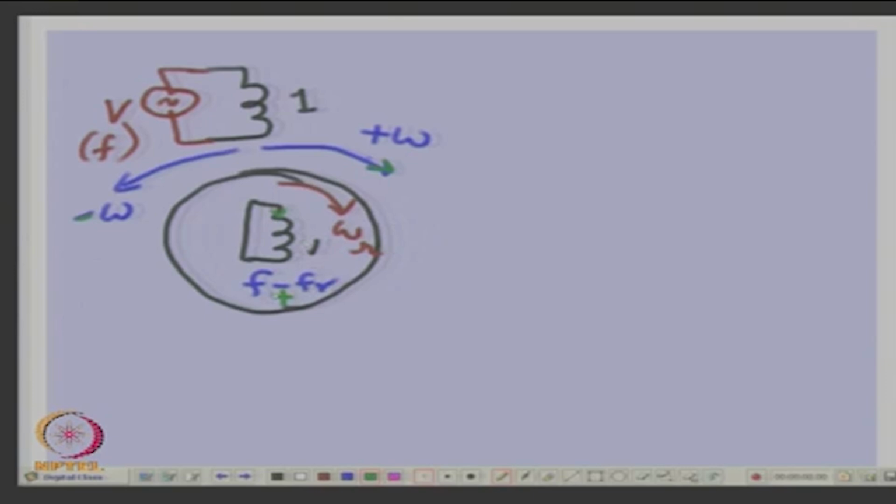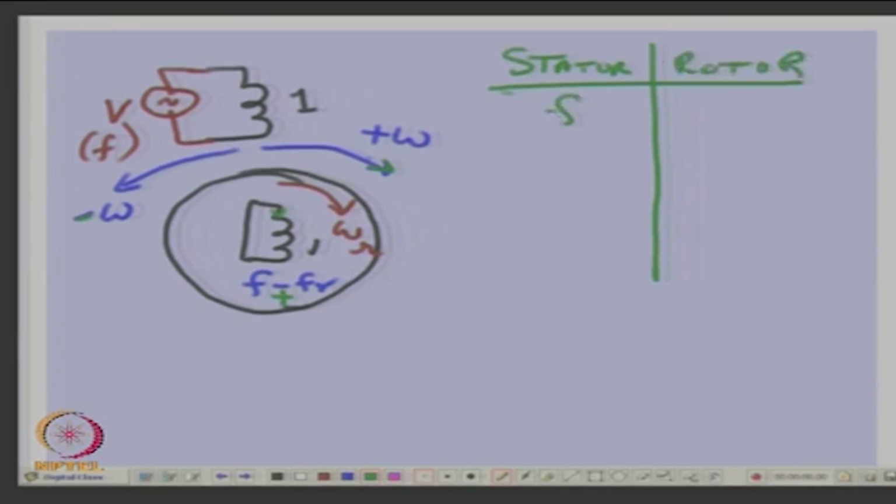Now, supposing I write a table, stator and rotor. We are saying that F in the stator will cause F plus or minus Fr in the rotor. And what will F minus Fr cause?